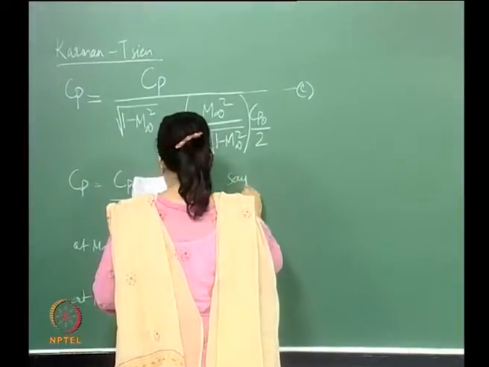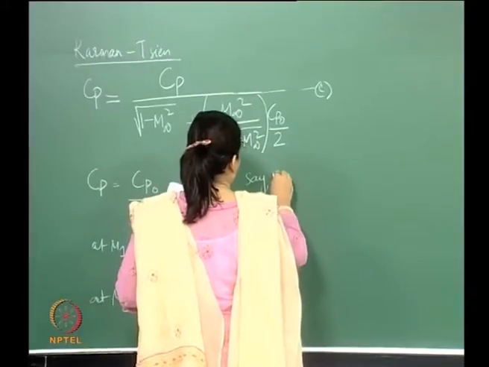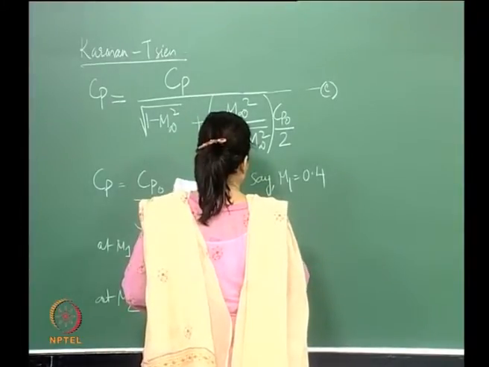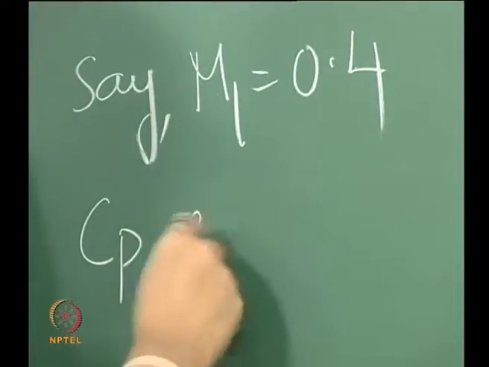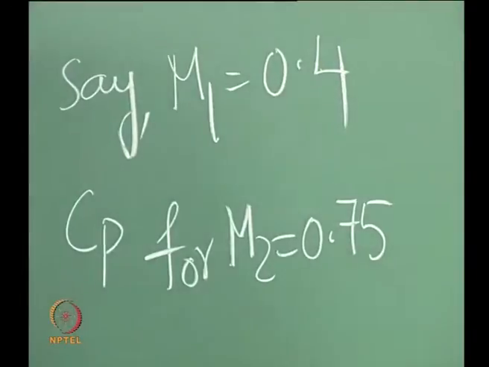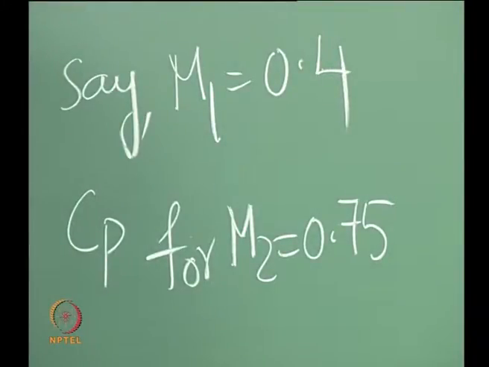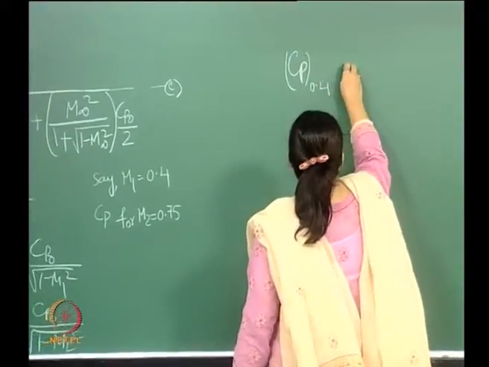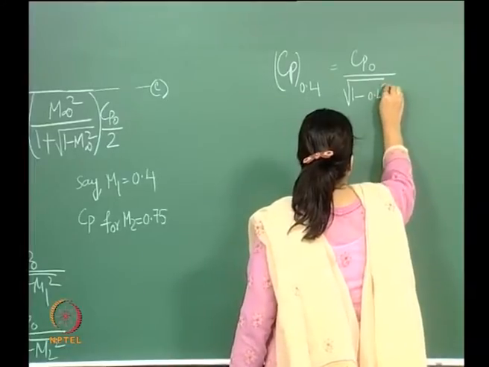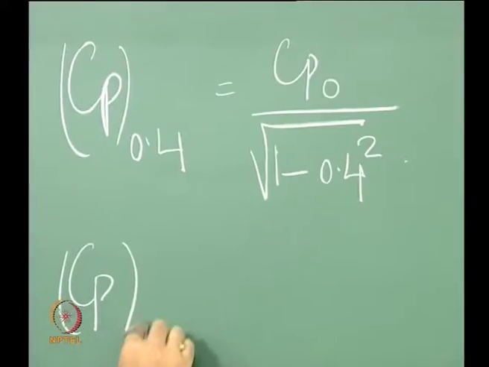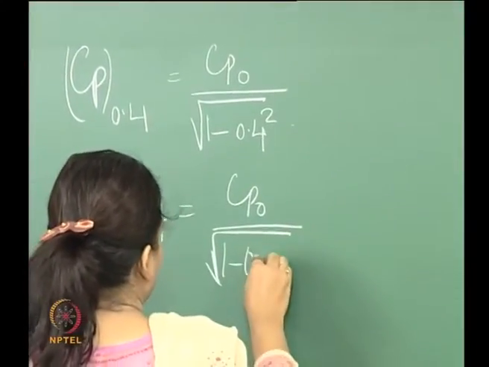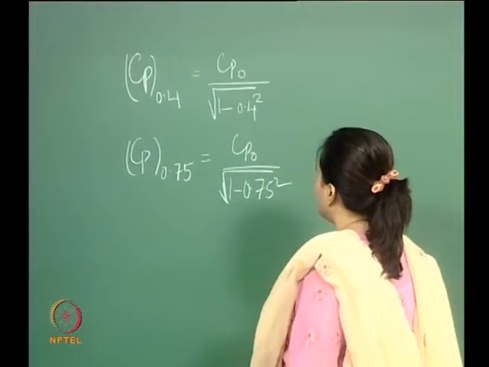Now, if I were to write in terms of, say, M1 is equal to 0.4 and M2 equal to 0.75, then Cp for 0.4 is equal to Cp naught by 1 minus 0.4 square, and Cp at 0.75 is Cp naught by 1 minus 0.75 square. So, what do we do over here?